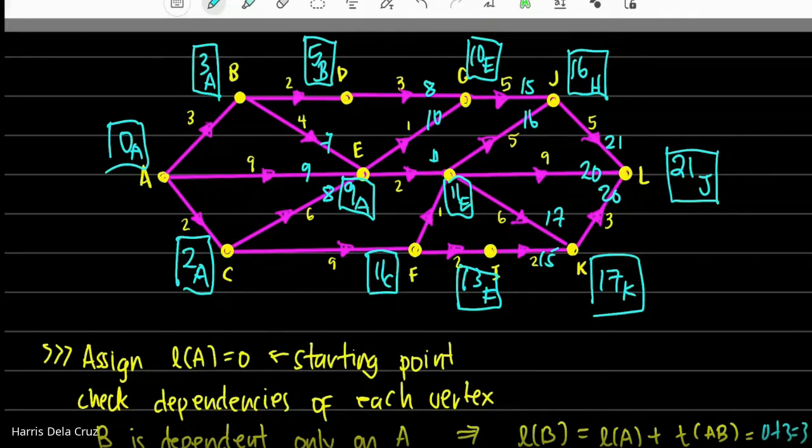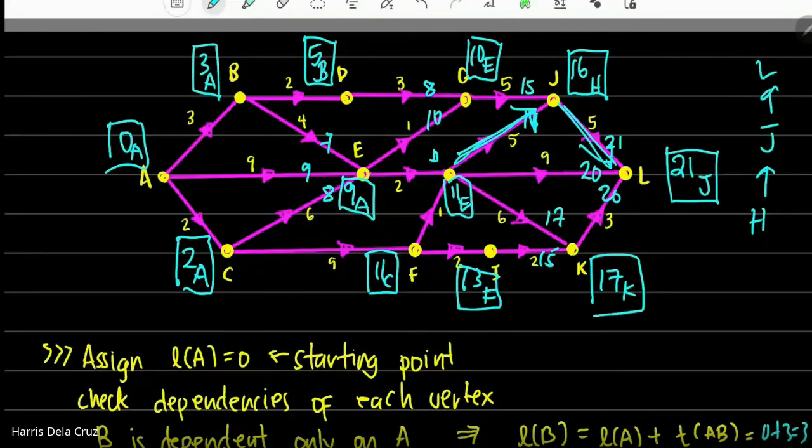So how do you determine the longest path? You backtrace again. 21, makukuha mo yon from J. So ito siya. So backtrace natin. L, J. Yung J ay 16H. Galing kay H. So dito siya galing. H. Yung H ay galing kay, alam naman sa mahaba, 11E.